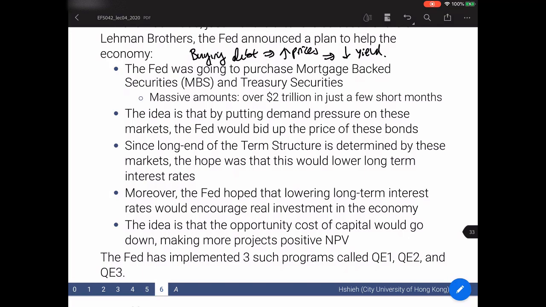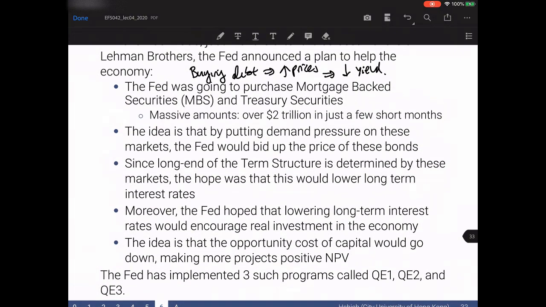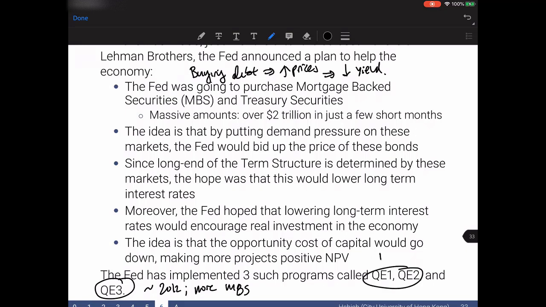Okay, so QE 3 was around 2012, I believe, and more MBS, mortgage-backed securities. In QE1 and QE2, it was MBS plus treasuries. So QE1 was around March of 2009.